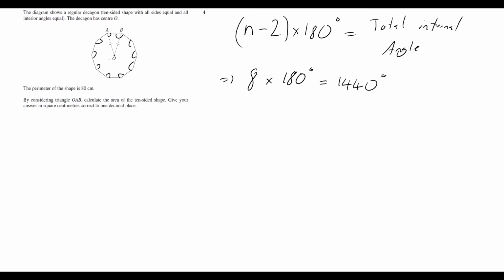So what is the angle at each individual corner? Well, we've got 10 different angles to consider, so all we need to do is simply divide that by 10, and that will tell us each individual angle size. So I might quickly label one of these angles there, and we'll note that that is 144 degrees.